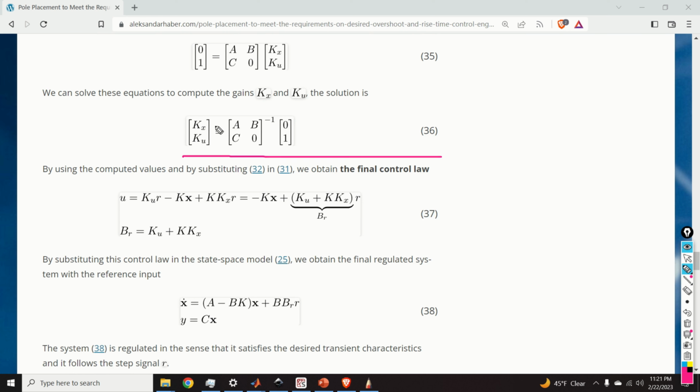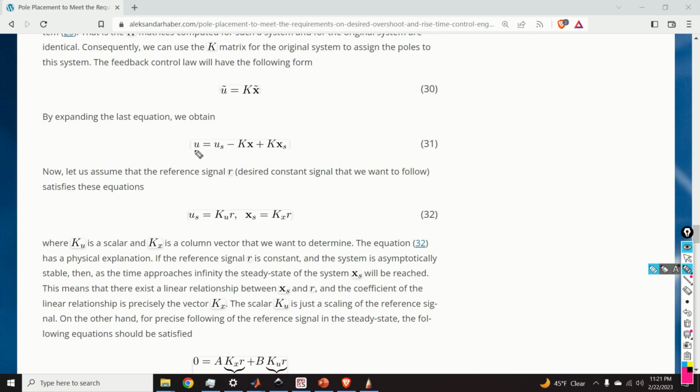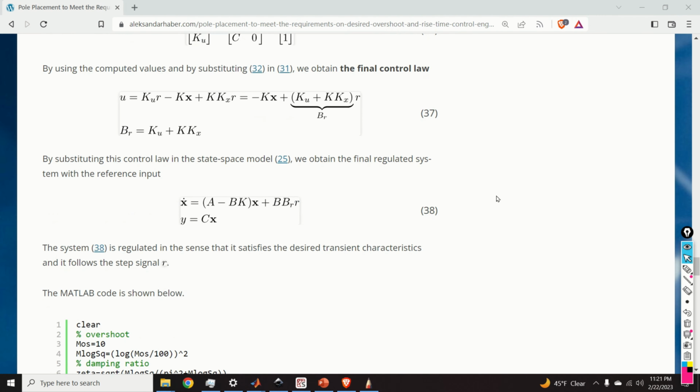Under the assumption that we have computed Kx and Ku from this equation, we can substitute Ku and Kx in the control law given by equation 31. That is, we can substitute these terms in this equation, and as the result, we will obtain this control law. And this is the final form of the control law.